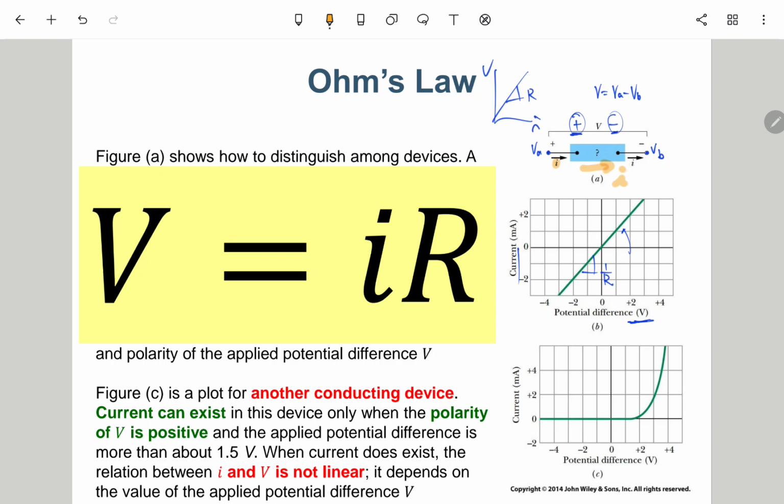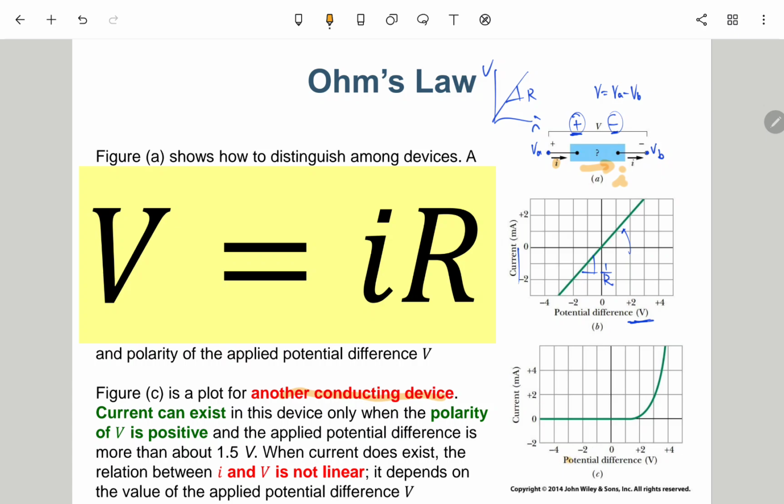Okay, so for the metal or for the conductor, this kind of material will satisfy Ohm's law, but there are some other conducting devices which are not so linear. Here is just an example.